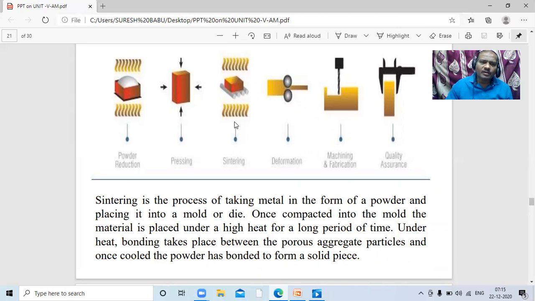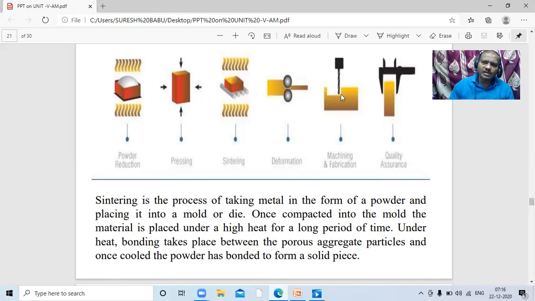In the ordinary powder metallurgy technique, we can do up to this stage, but after that we are also going to carry it out in between the rollers, and the rollers are going to control the size of the component. Thereby we are going to do the machining process. Here machining is done by a drilling process as per observation. Sometimes we can go for the lathe machine.